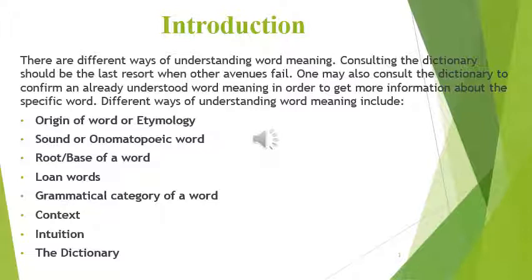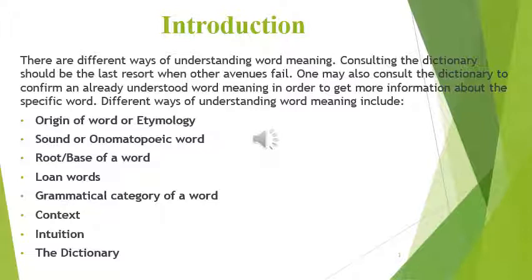We can understand the meaning of words in many ways, some of which are through the origin of the word or etymology. We can also understand the meaning of words through their sounds, or onomatopoeic words.